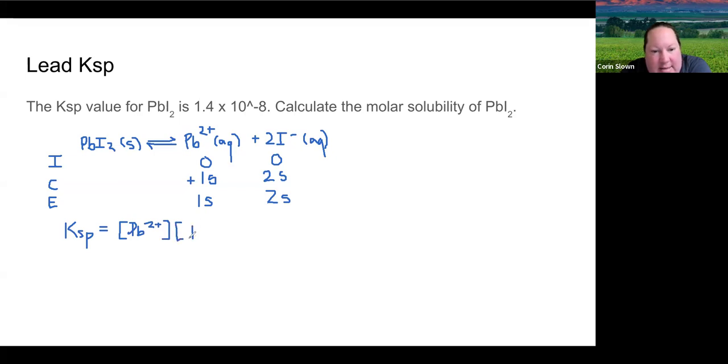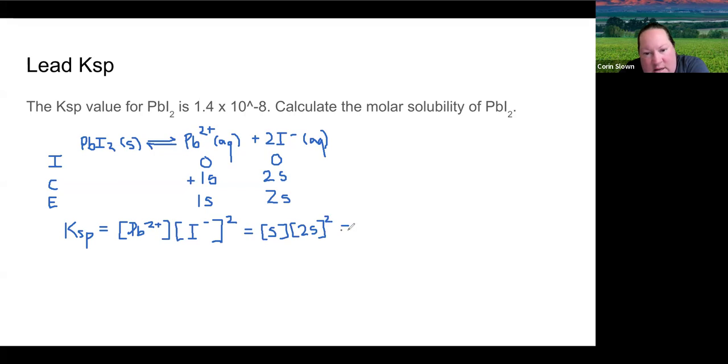And again, because that's a coefficient of 2, the coefficients become our exponents, so that's going to be squared. So I can rewrite this in terms of our ICE table that we just set up. It's going to be S times 2S squared.